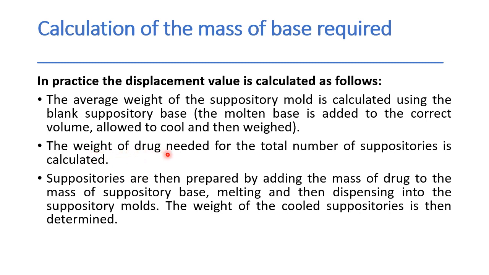Secondly, the weight of the drug needed for the total number of suppositories required to be prepared is calculated. Finally, suppositories are prepared by adding the mass of the drug to the mass of suppository base, melting them, and then dispensing into the appropriate mold, of course, and then the weight of the cooled or congealed suppositories is determined.